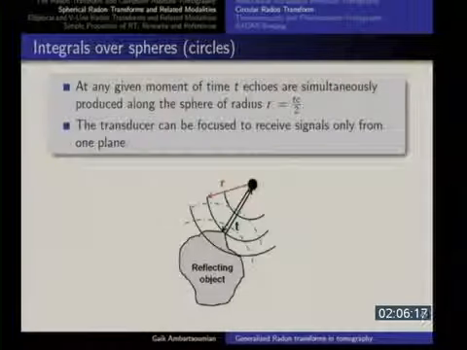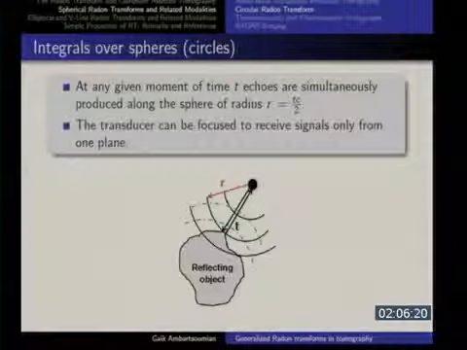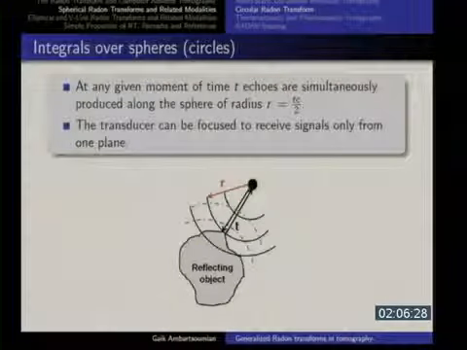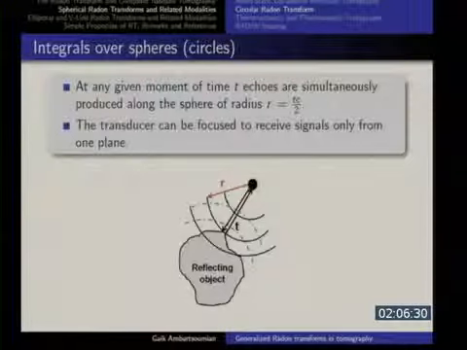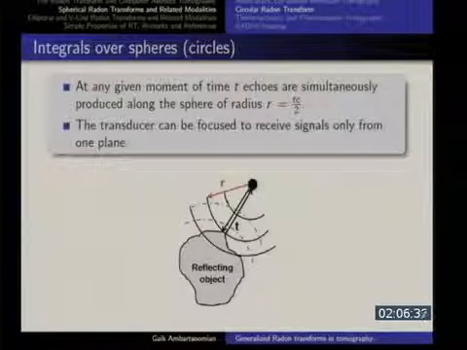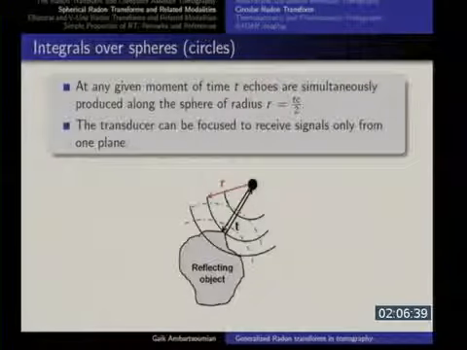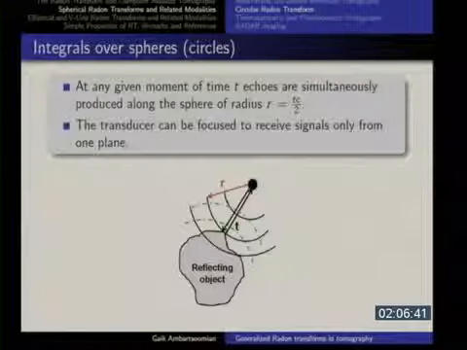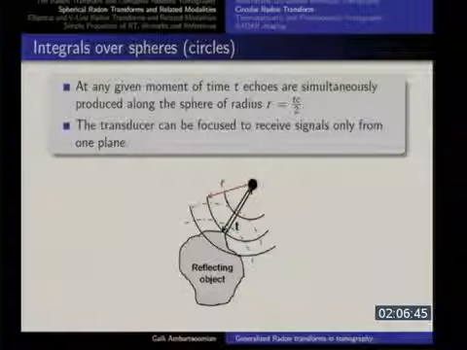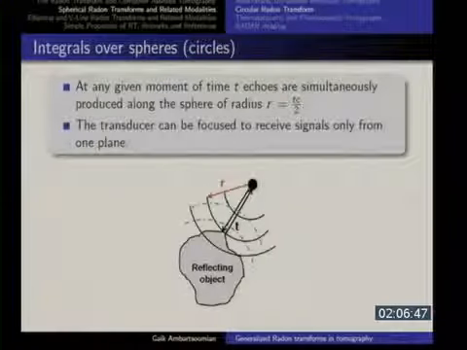A very simple thing. What I don't know is, okay, I know the distance, but there are too many locations at that distance. If I'm standing here and my eyes are closed and you're saying there is an obstacle 2 meters away, is it there, or there? I don't know. So in fact, imagine that there are several obstacles at that distance. Imagine there was one obstacle here, one here, and one here. What happens? Well, you get all the echoes simultaneously. This device, at that moment, simultaneously gets all the echoes back.